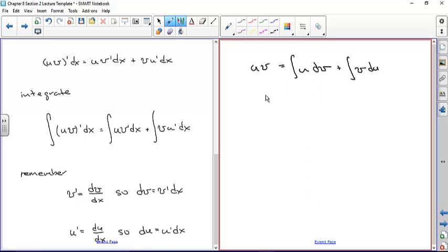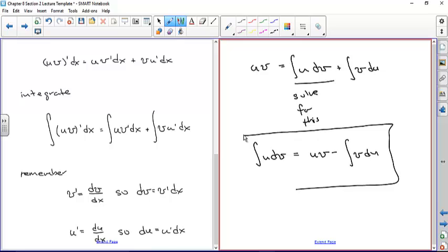And if we rearrange the terms, so I'm going to solve for this, what we would get is the integral of u dv is equal to u times v minus the integral of v du. Okay, so that is the formula that we're going to use.